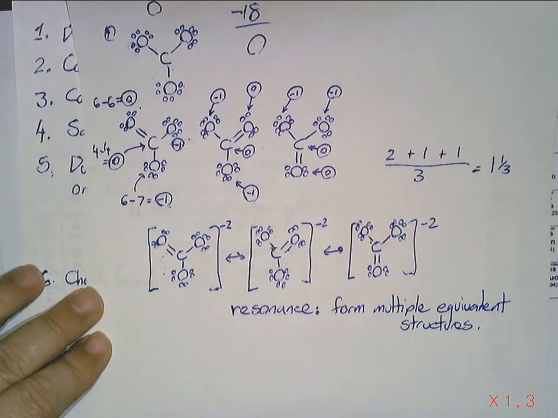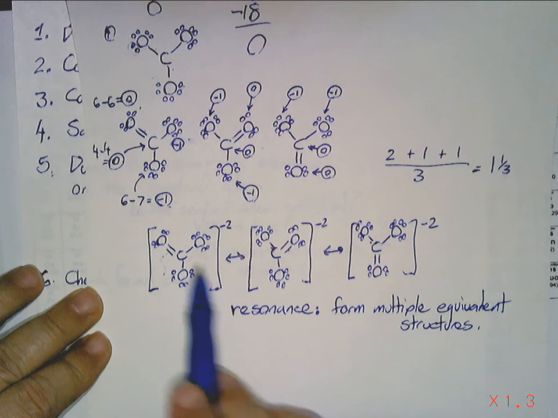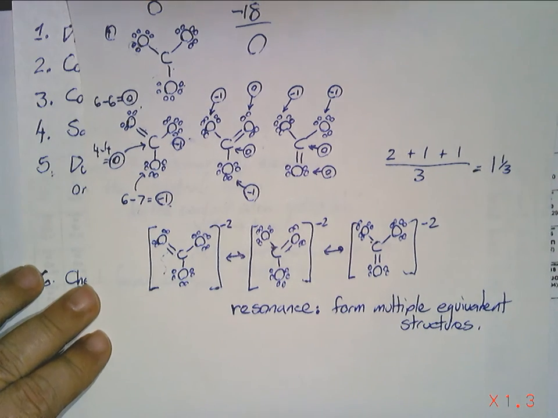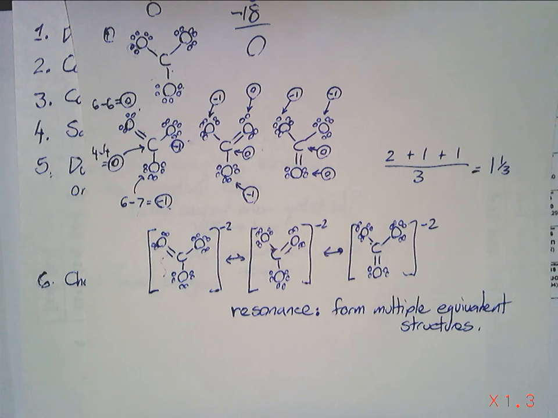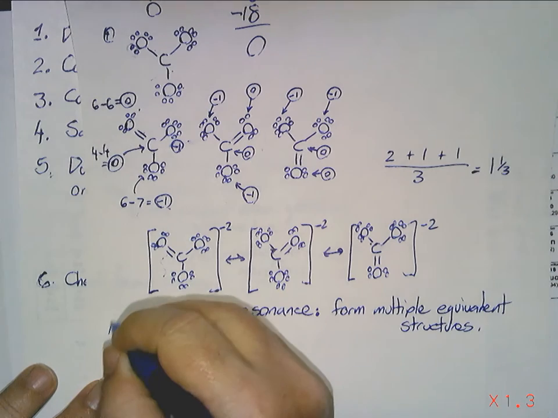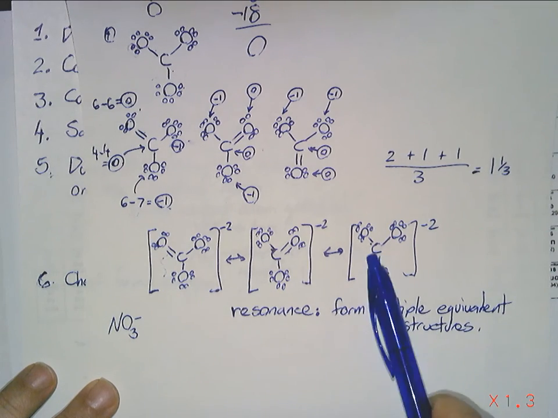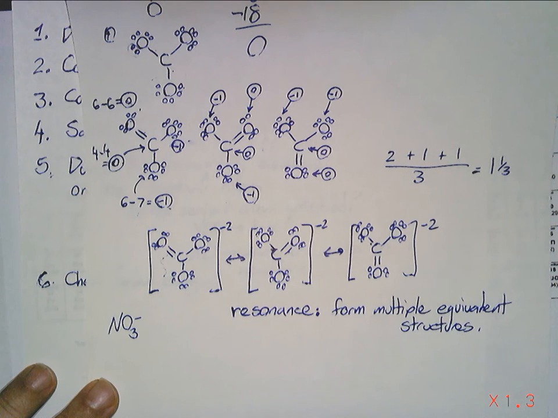Then no single structure is correct. You have to say the true structure is an average of these three, and you have to show somebody what all three of them look like. You've got one on your worksheet that's like this. It's the NO3-. And it turns out to be this exact same situation that I've just worked out for you here. It looks just like that.